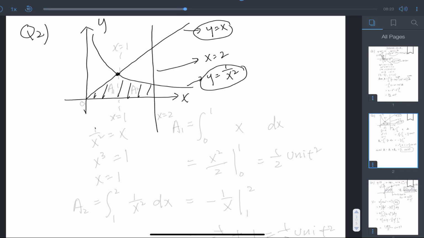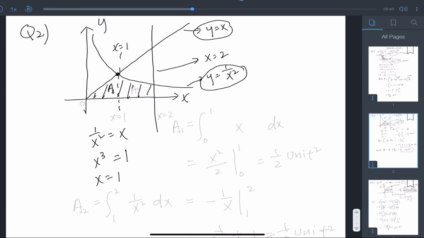So we make 1 over x squared equal to x, and then we get x cubed equals 1, so x equals 1. So the intersection point here is at x equals 1.